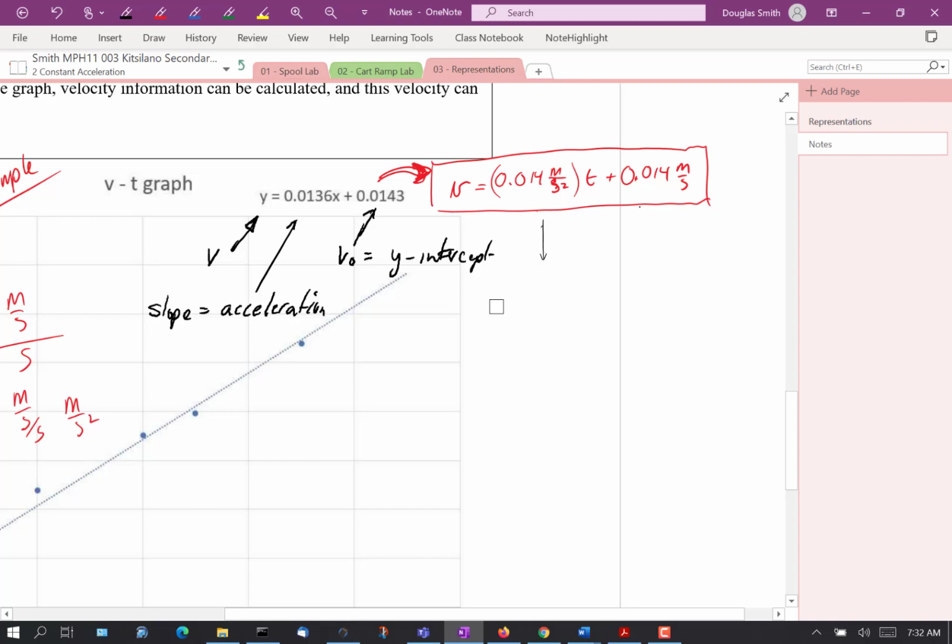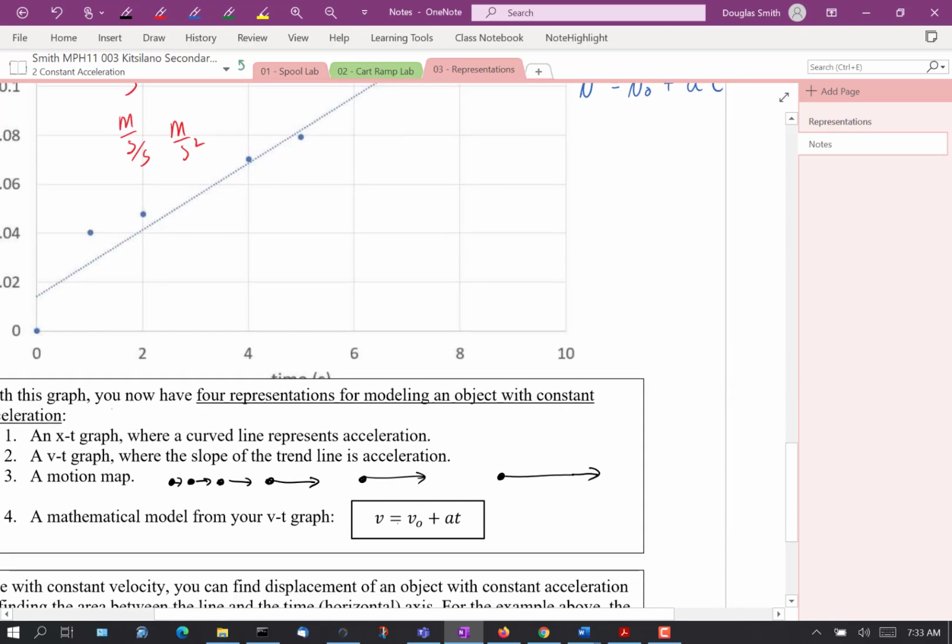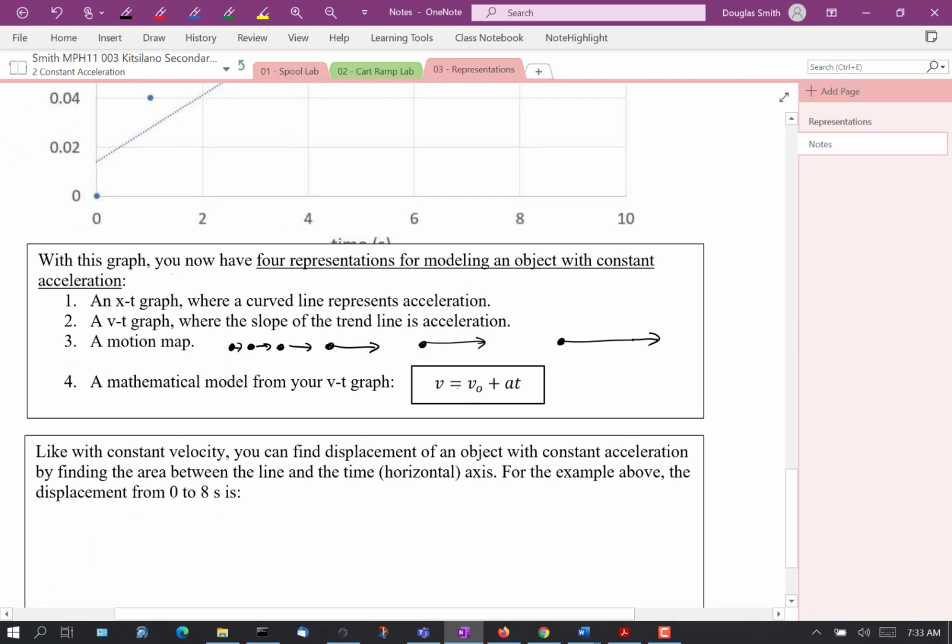So we could generalize it by saying, well, for any kind of motion, we have a velocity which is equal to the slope, which is acceleration, times time, plus the initial velocity. Usually we put this thing first, but it doesn't really matter. So that's a general mathematical model that applies for constant acceleration.